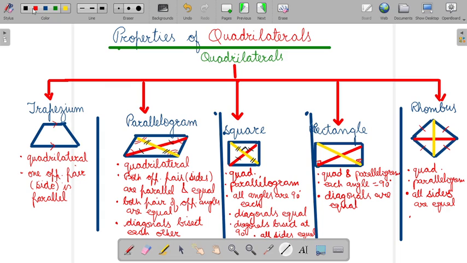In a rhombus, the diagonals bisect each other at right angle. यहाँ पे diagonals equal नहीं होते rhombus में, but diagonals bisect each other at 90 degree.